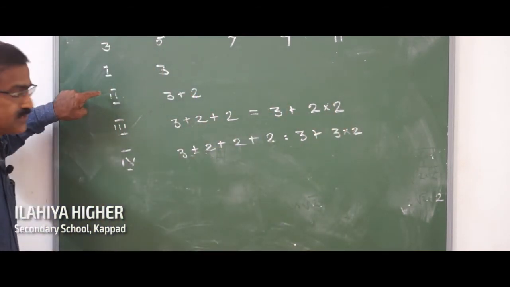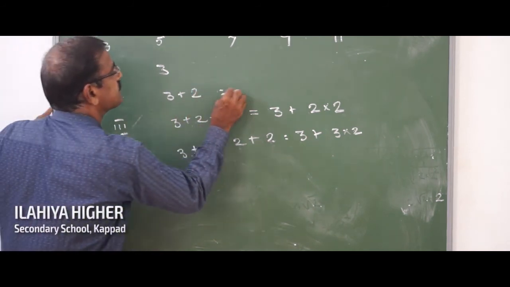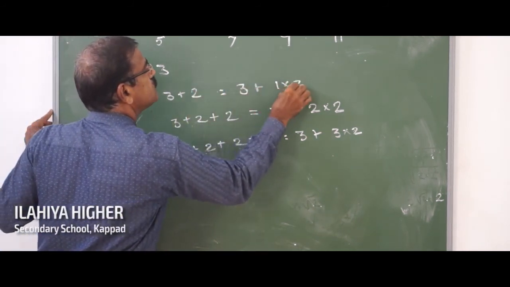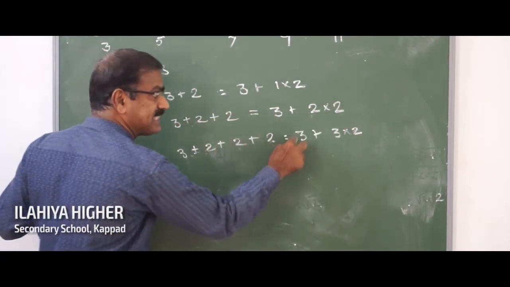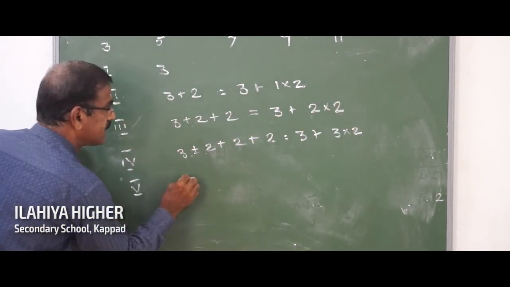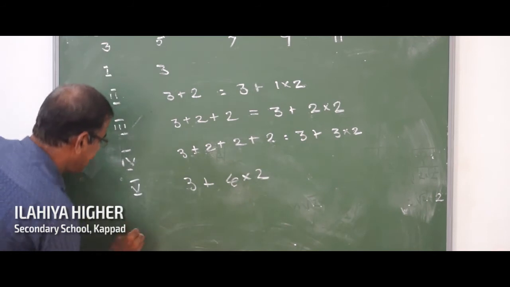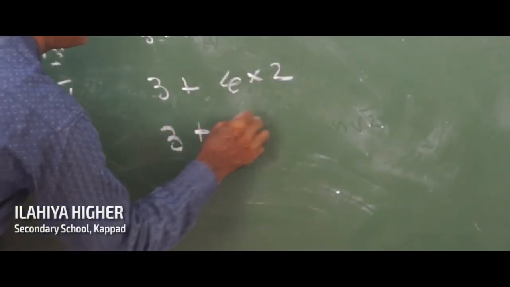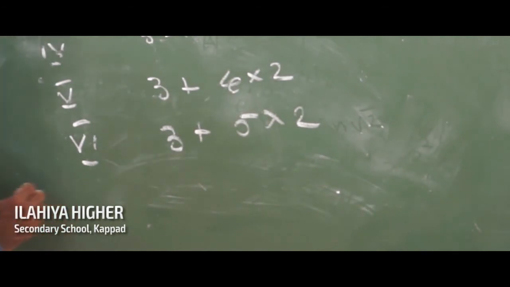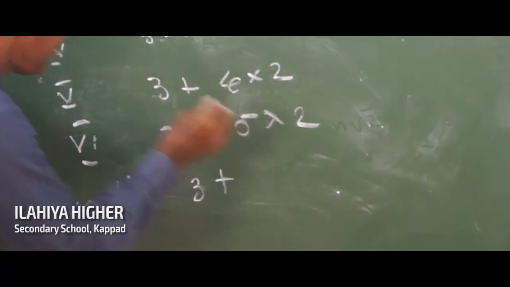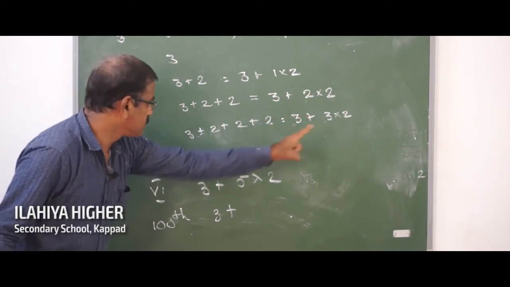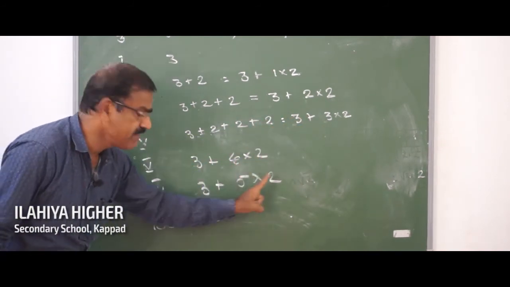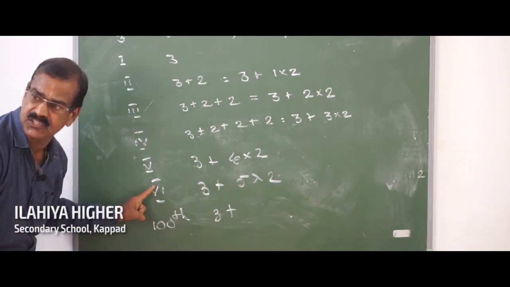So to make the second one, 3 plus 1 times 2. Third one, 3 plus 2 times 2. Fourth one, 3 plus 3 times 2. Then fifth one, 3 plus 4 times 2. Then sixth one, 3 plus 5 times 2. Now you can predict the 100th one. Here 5 is 1 less than 6.